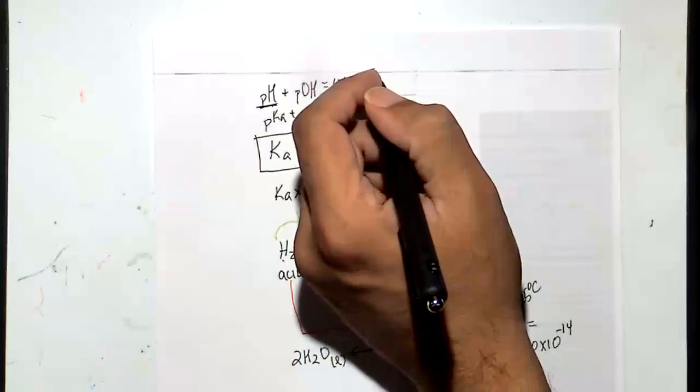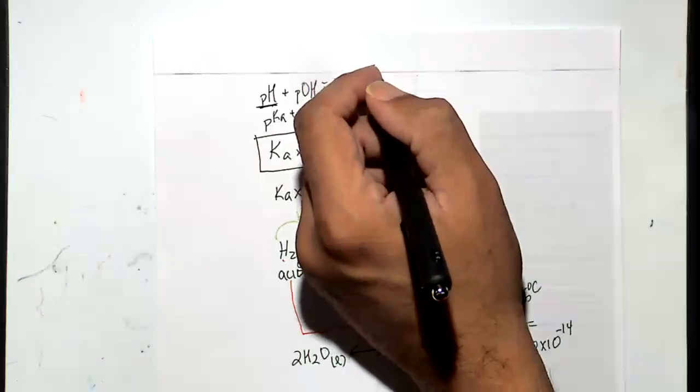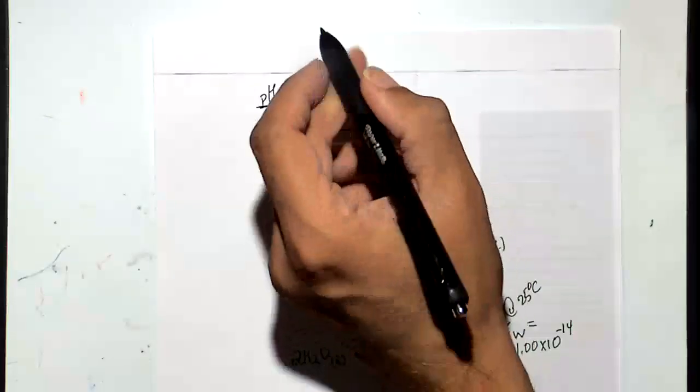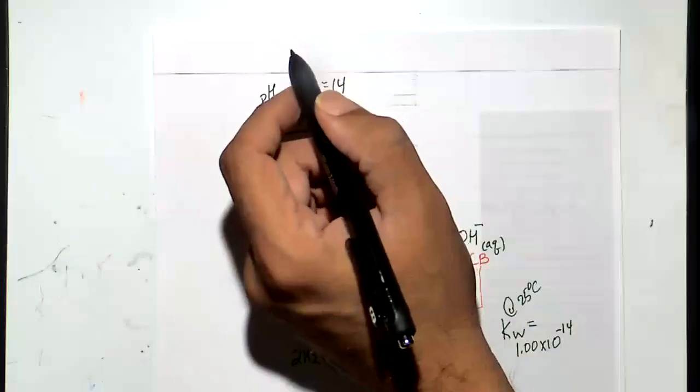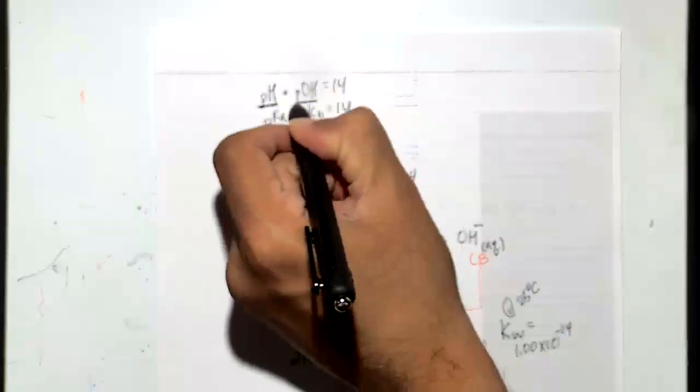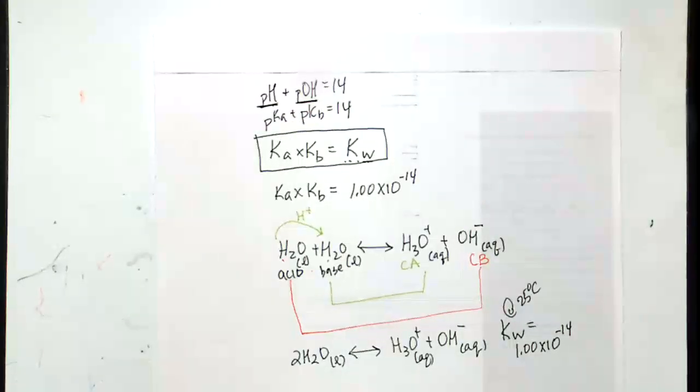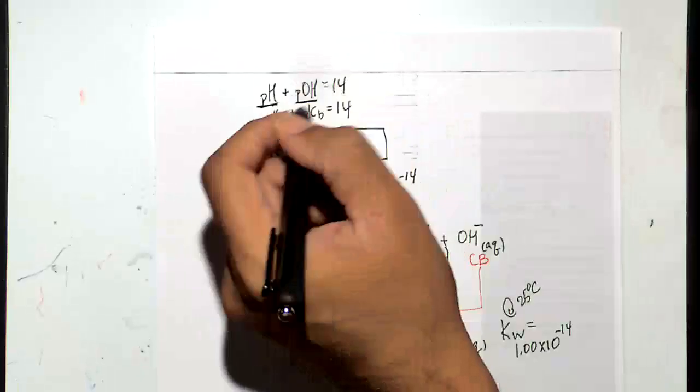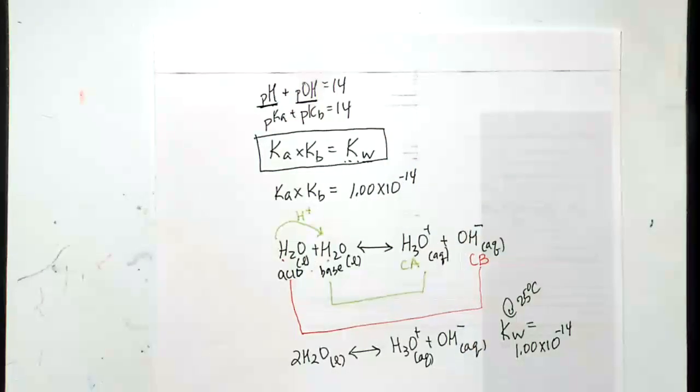Now how good is a base? If I give you a chemical, how good of a base is it? Well, how good a base it is really depends on how much hydroxide ion it gives off. That's measured by the power of OH, pOH. All of that comes together. The sum is 14.